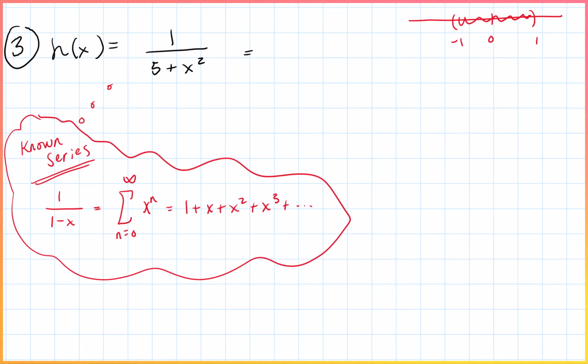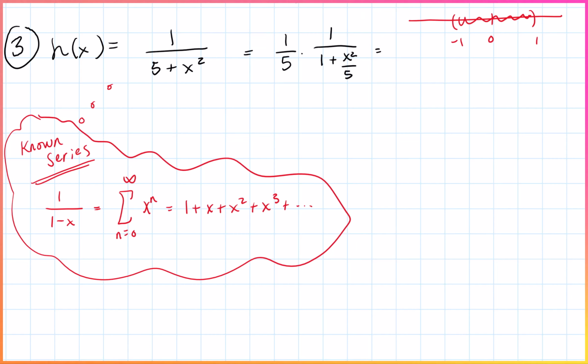So same idea here. I'm trying to think, okay, how do I connect this and make it look something like 1 over 1 minus x squared? And the first thing I notice is that I could pull out a 1/5, and then that becomes 1 plus x squared over 5.